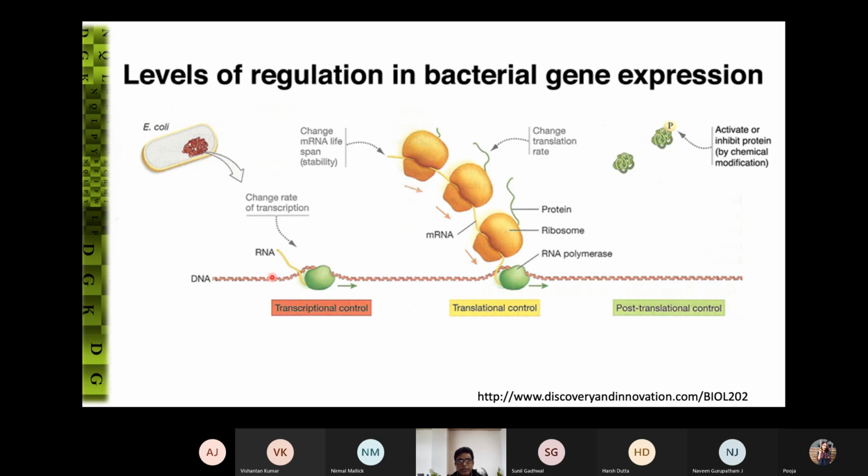That means there will be a position in the gene where RNA polymerase comes in and starts synthesizing the RNA. As the RNA gets synthesized, the ribosome comes in, translates, and gives you the protein. The protein will have post-translation modifications if required, and otherwise it will become either active or inactive depending upon whether it got folded correctly or not.